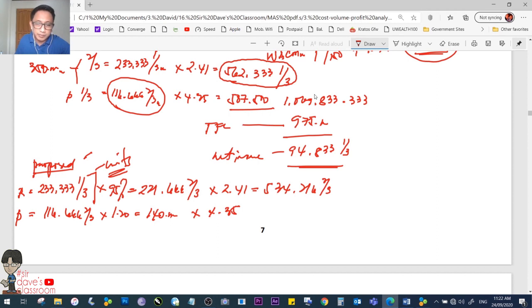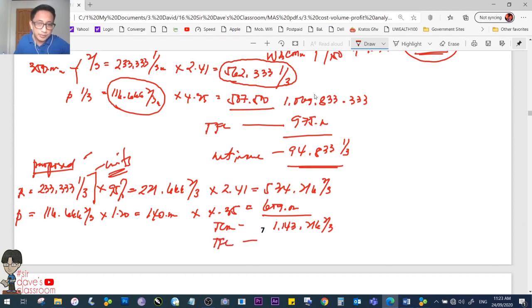Yun yung ating CM per unit ng premium ulit. This one should be ilan? 609,000 eksakto. This is our total contribution margin. 1,143,216 and 2/3. Our fixed cost, total fixed cost, would now be different.